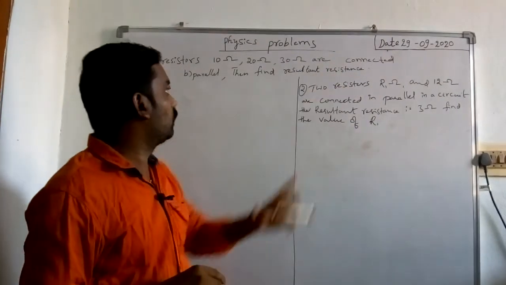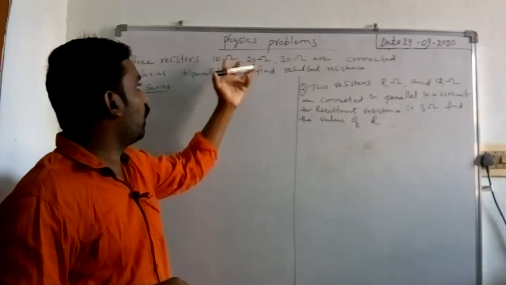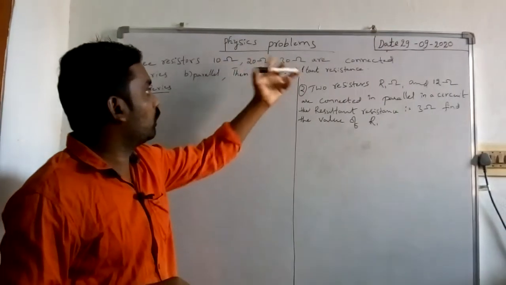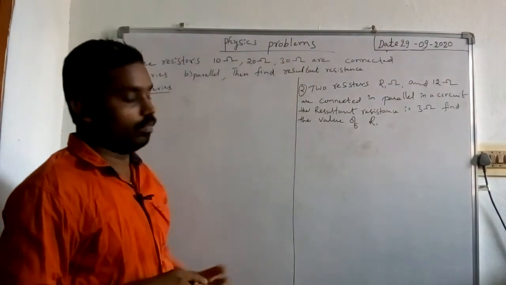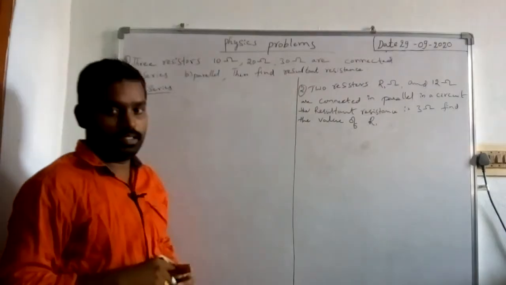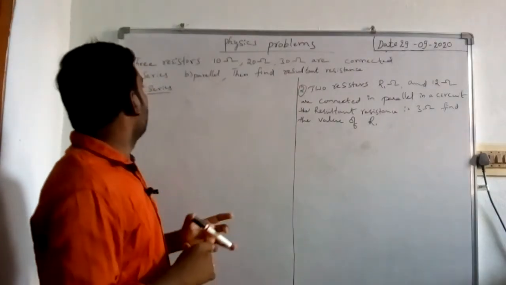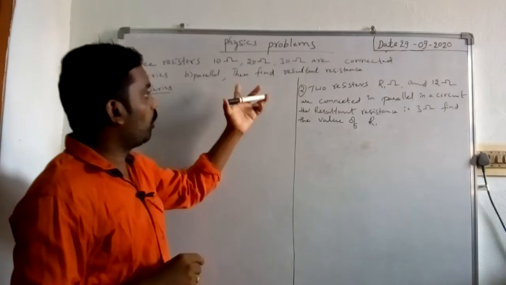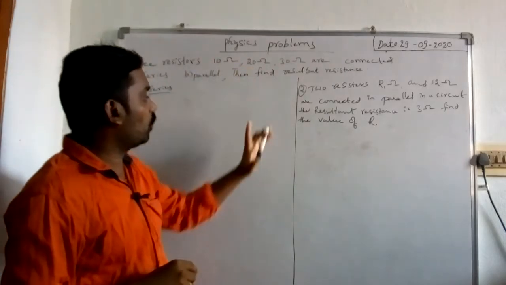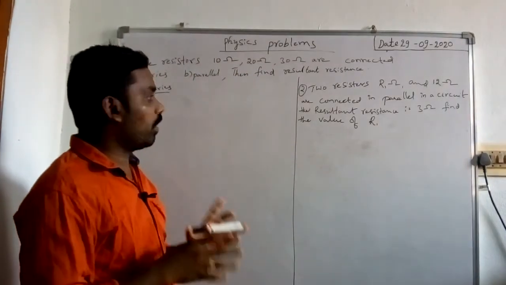What we have to find is the resultant resistance, and what you are given are R1, R2, R3. First read the problem. Then write what is given in symbolic form, R1, R2, R3.